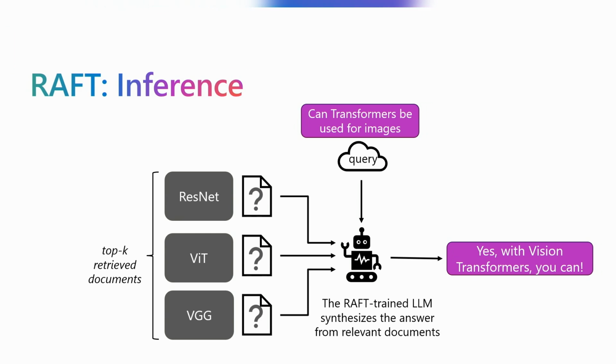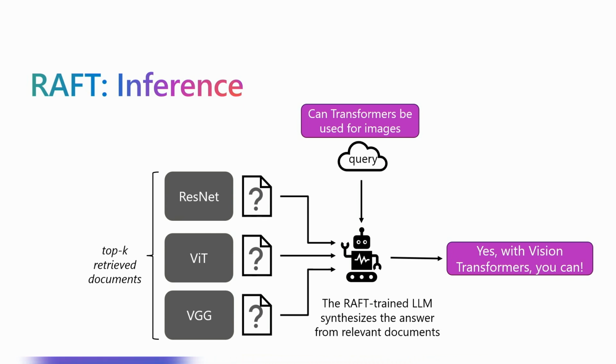And then your retrieval, and this could be your BM25, any off-the-shelf retriever, is going to retrieve the top K documents, right? So in this case, it's ResNet, Vision Transformers, and VGG. And what the LLM is going to do is it's going to pick the right document, discard the distractors, and then answer the question. So in this case, yes, with Vision Transformers, you can actually also feed in images as input, right? So that's the idea.